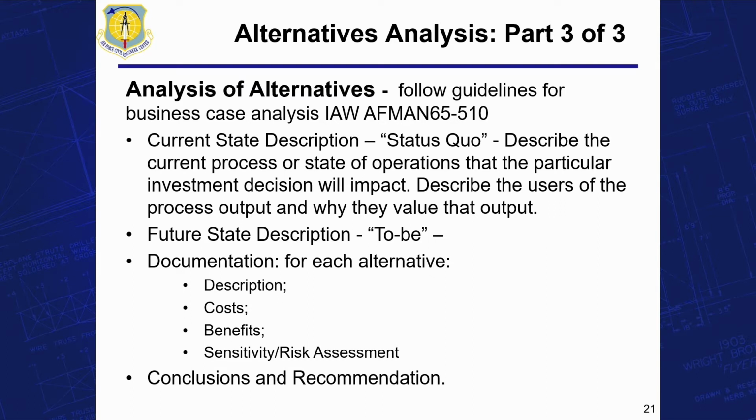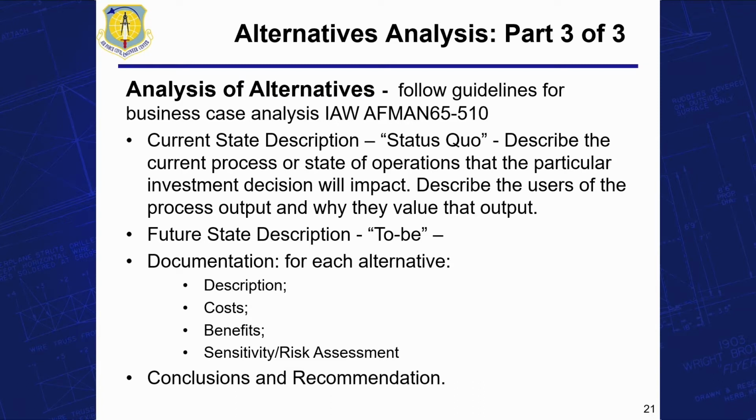For the benefits, identify the more important benefits associated with each of the alternatives being analyzed, such as renovation correcting all of the deficiencies, or opting for off-base housing for BAH, or reducing facility maintenance and repair workload.